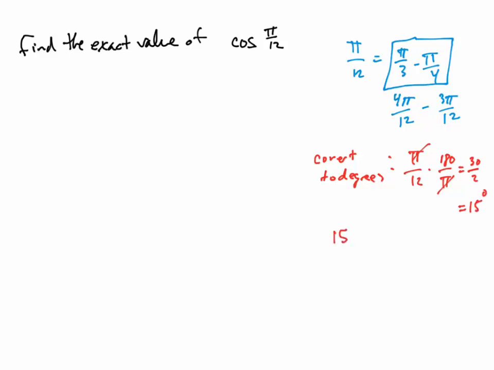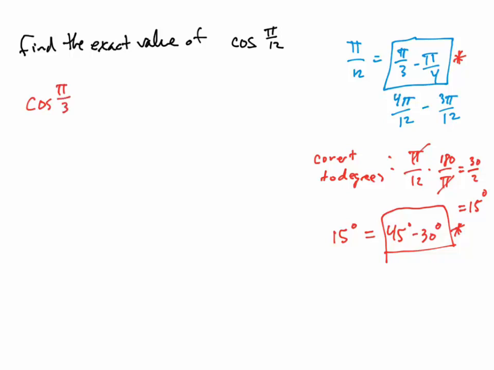If we write 15 degrees as a sum or difference, we could say 45 degrees minus 30 degrees. That may be an easier option for folks. So it doesn't matter which set we use. We can use the set in degrees, we can use the set in radians. I'm going to use radians, but if we use degrees, we would get the same value.